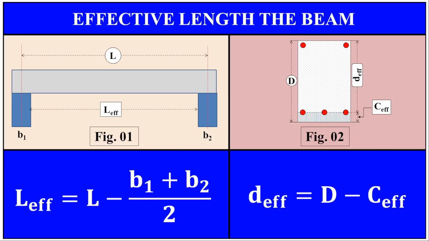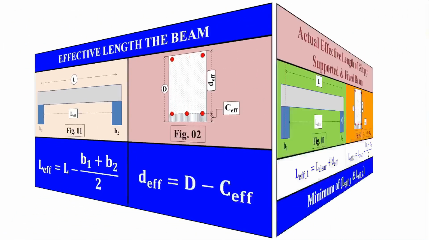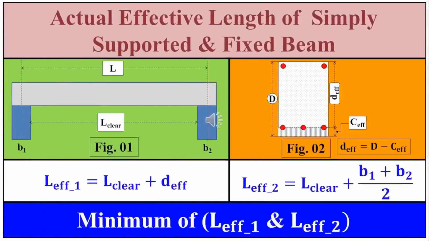Now, let's move on to the correct explanation for effective length for simply supported and fixed beams, as per IS-456:2000. Here, we are seeing the updated effective length calculations for simply supported and fixed, or continuous, beams. As per IS-456:2000, the effective span for deflection for these types of beams is the minimum of two values.